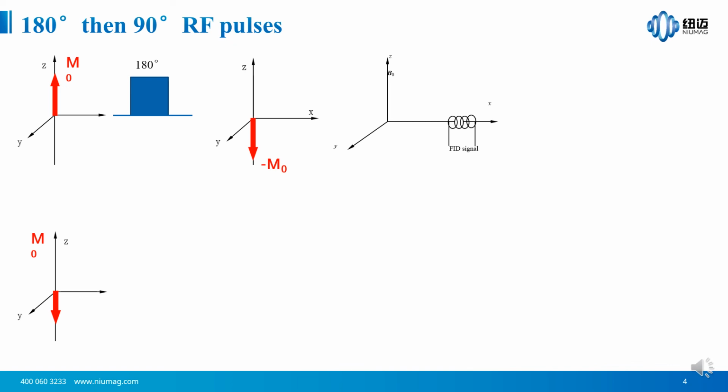At this time, we apply another 90-degree RF pulse. Then the negative magnetization is deflected by 90 degrees to form the transverse magnetization vector. At this point, we can detect a FID signal.